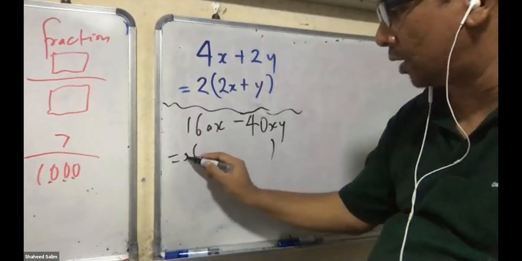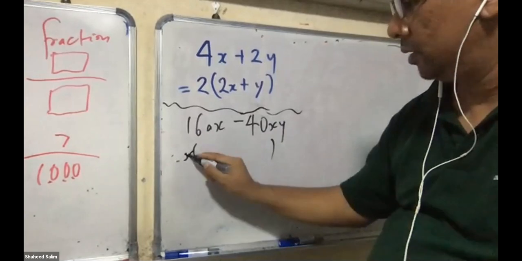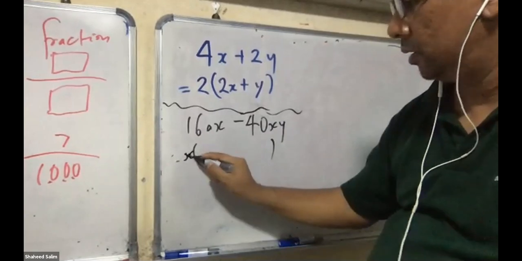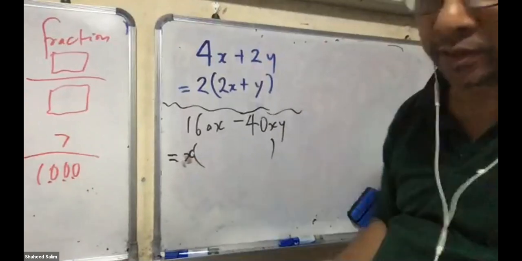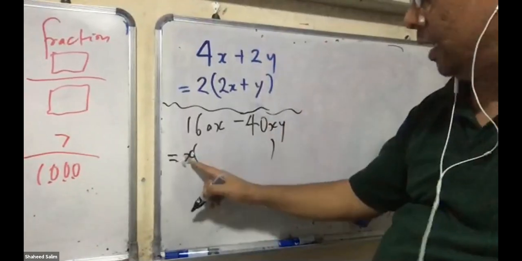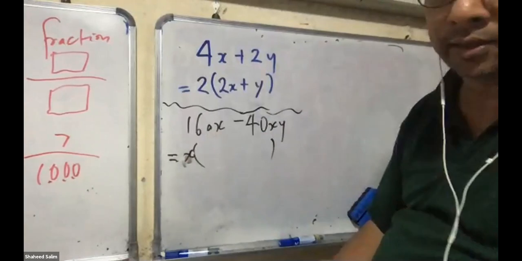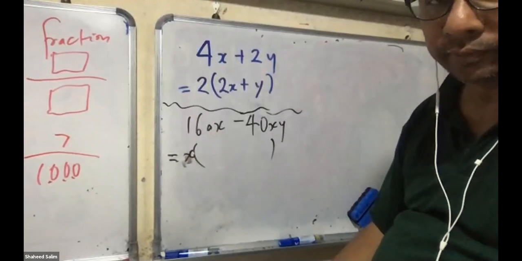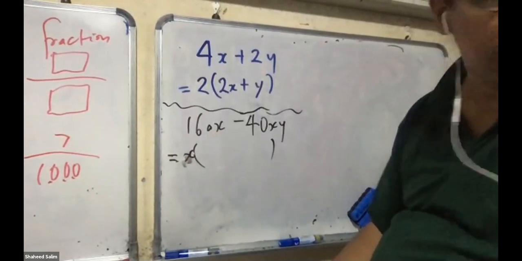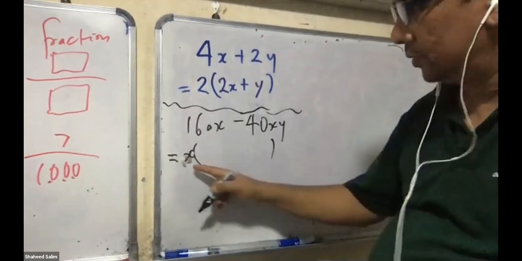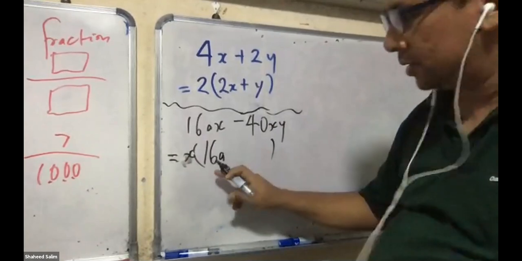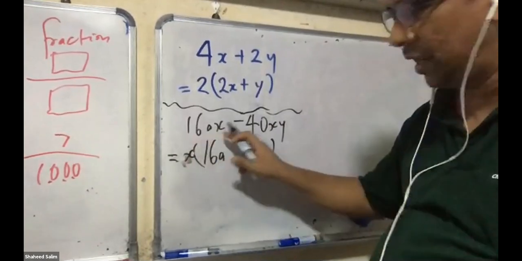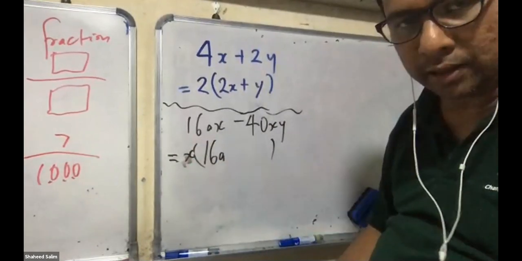X. So we put the x outside here. I do step by step first, okay? You can actually go straight to it. So x times what equals 16ax? 16a times x gives 16ax. Are you okay with that?